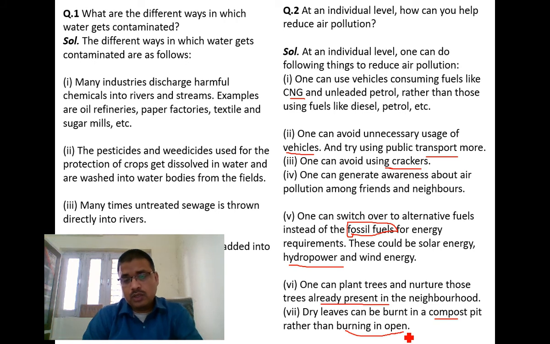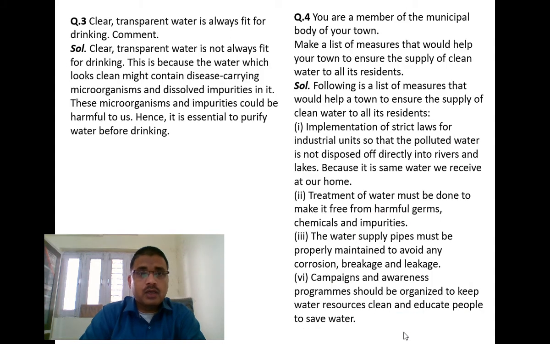Now, is clear, transparent water always fit for drinking? No, it is not always fit for drinking. This is because water which looks clean might contain disease-carrying microorganisms and dissolved impurities.